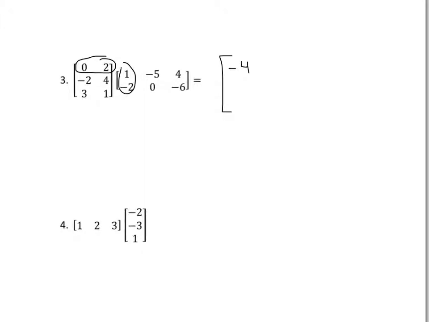Now first row, second column, multiply it out. We've got 0 times negative 5 is 0, plus 2 times 0 is 0. So the first row, second column is 0. And lastly, first row, third column: 0 times 4 is 0, plus 2 times negative 6 is negative 12.